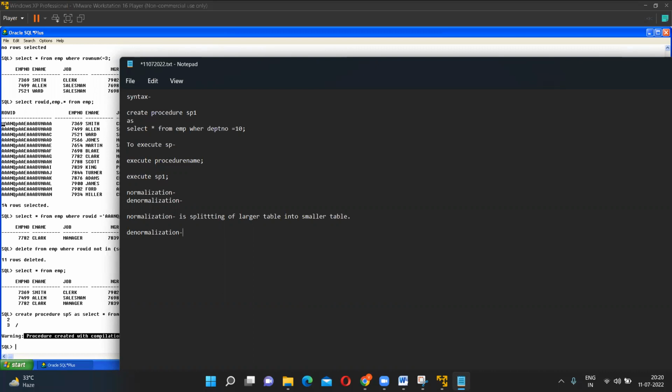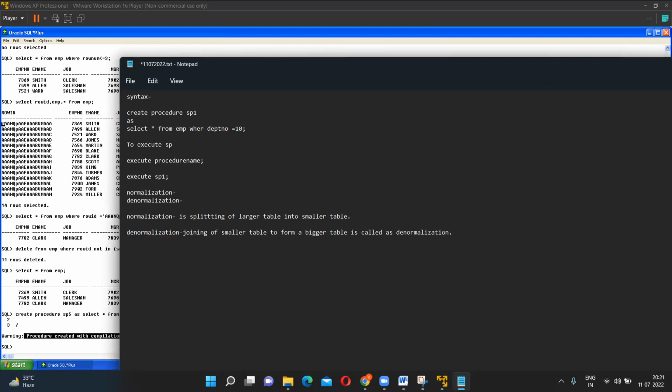Just the opposite: joining of smaller tables to form a bigger table is called denormalization. They will ask what is normalization and types of normalization.